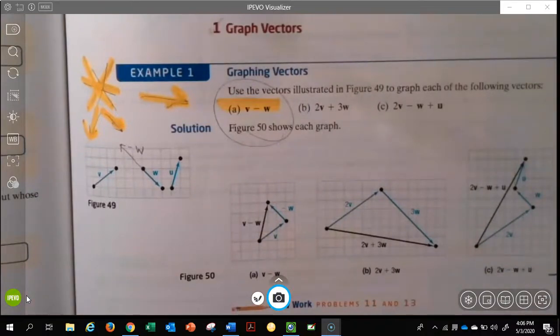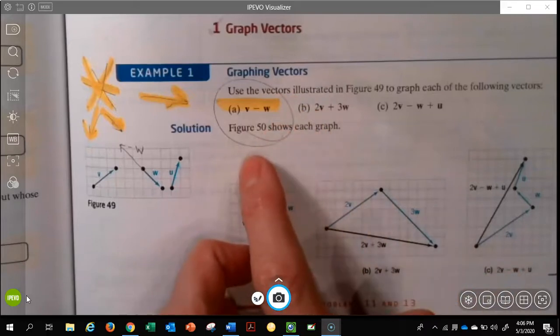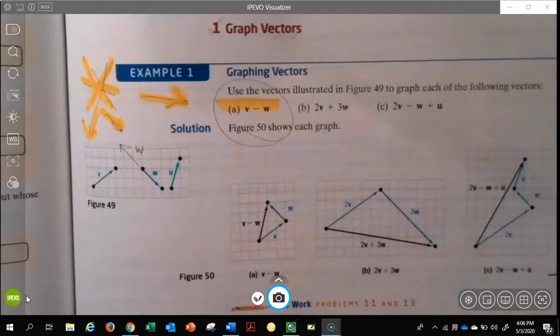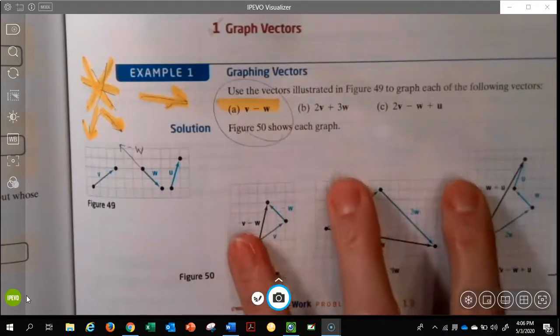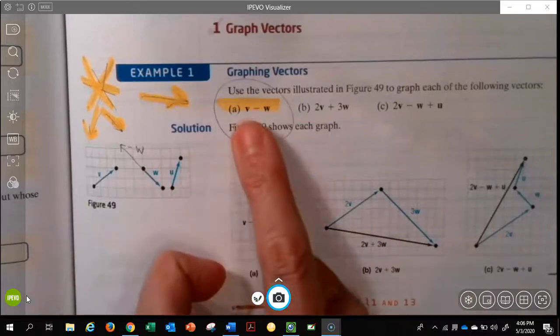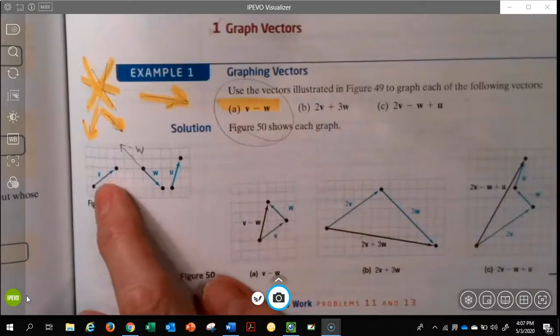Now this is a different thing I want to show you. You and I are not going to work on graphing vectors as far as graphing them what you see right here. We will talk about it in 9.5, but you're not going to be tested on it like this. And so when you see this vector v minus a vector w, a vector v over here is going to be given to us. You see about its little angle and about its length.